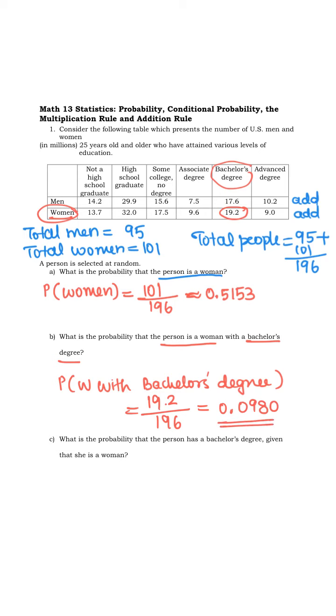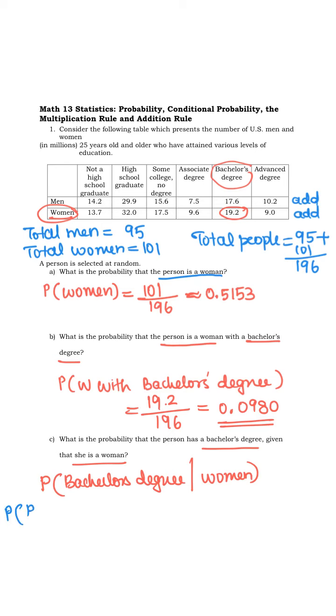Now we need to find the probability that the person has a bachelor degree given that she is a woman. So here we are going to use probability of B given A, that is probability of A and B divided by probability of A. That means the probability of the person who is a woman and that person should have a bachelor degree, right?